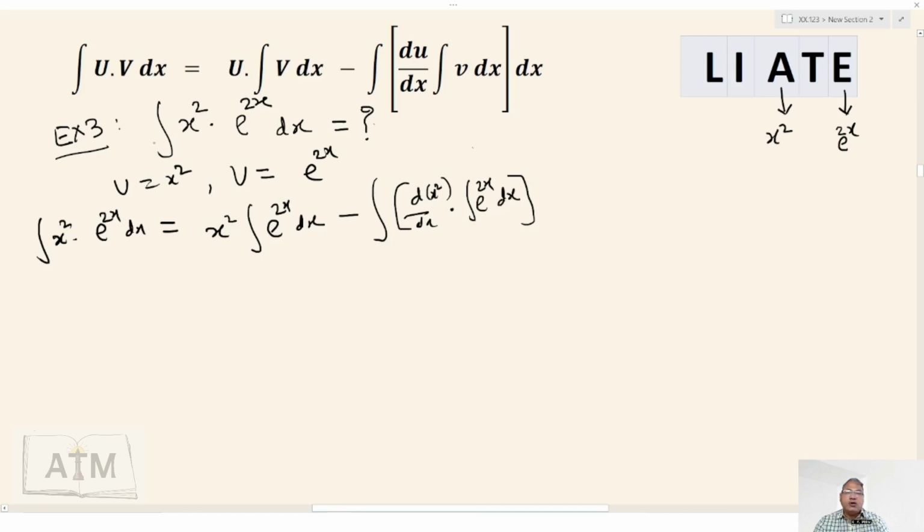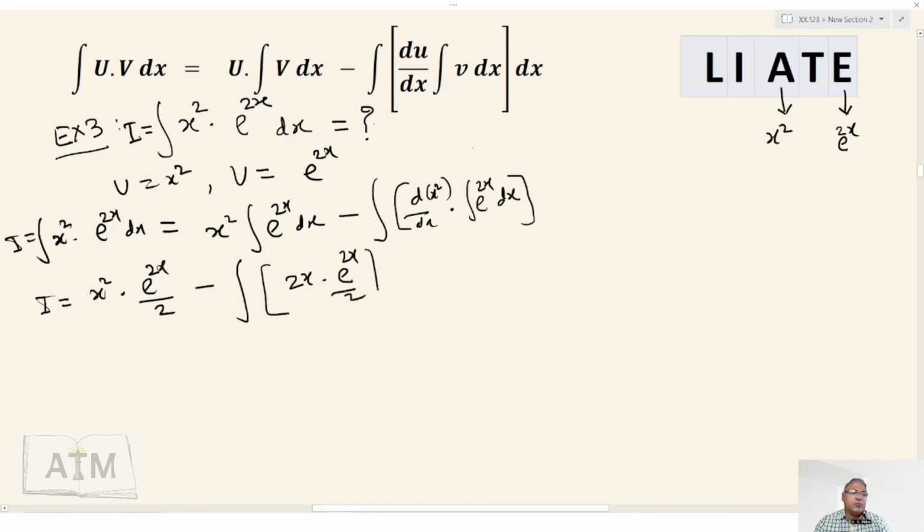Let us call the given question I. So I equals x square, integration of e raised to 2x is nothing but e raised to 2x upon 2, minus here derivative of x square is 2x, and integration of e raised to 2x is nothing but e raised to 2x upon 2, box is closed, with respect to x.